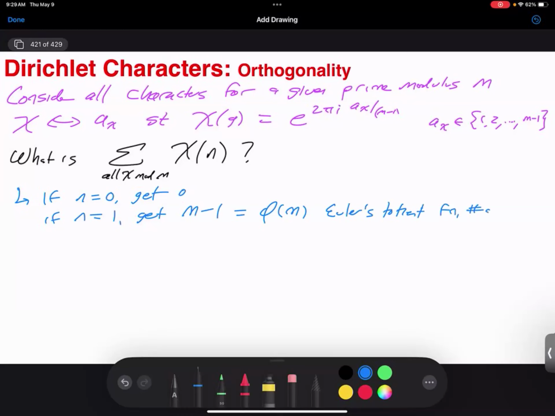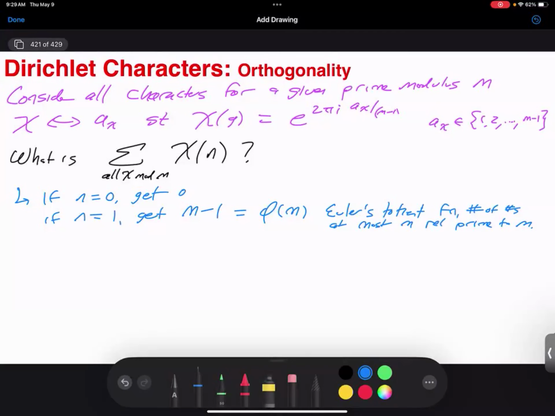This is the number of numbers at most m relatively prime to m. We saw that very early in the semester when we did cryptography, when we did applications of Fermat's little theorem. So all of this stuff is coming together.